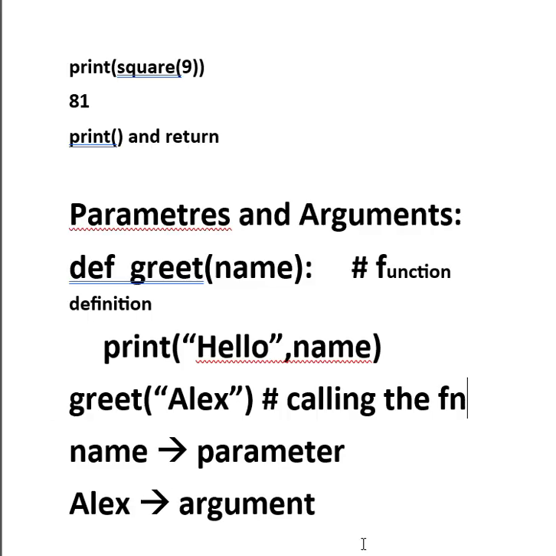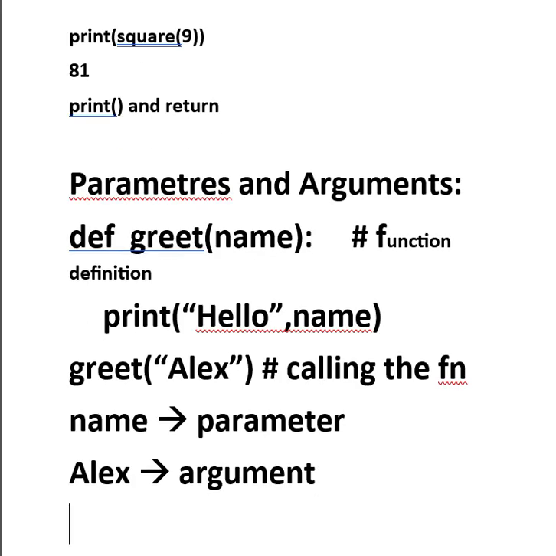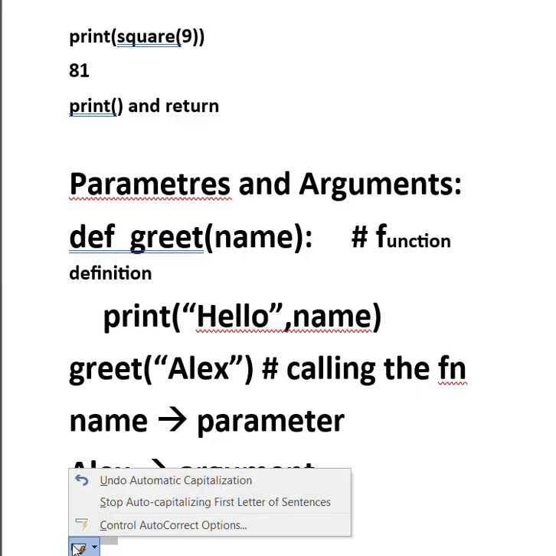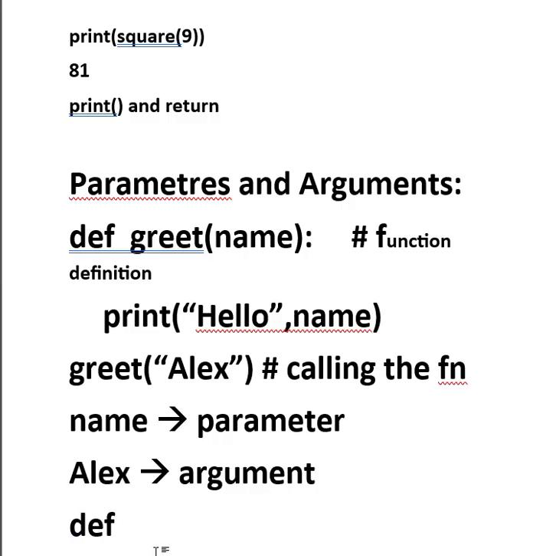I'm going to give one more example. I'm going to give a function name sub, with two parameters, one is a and second one is b.